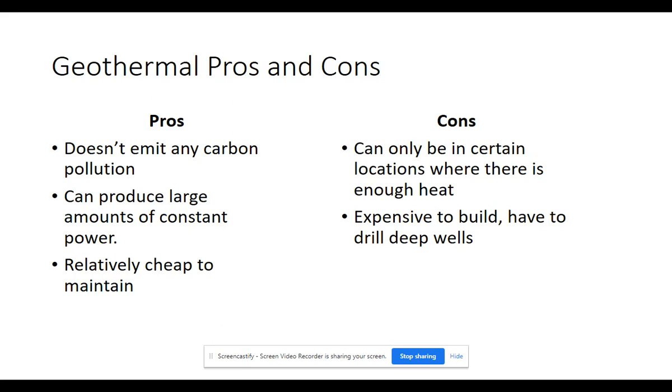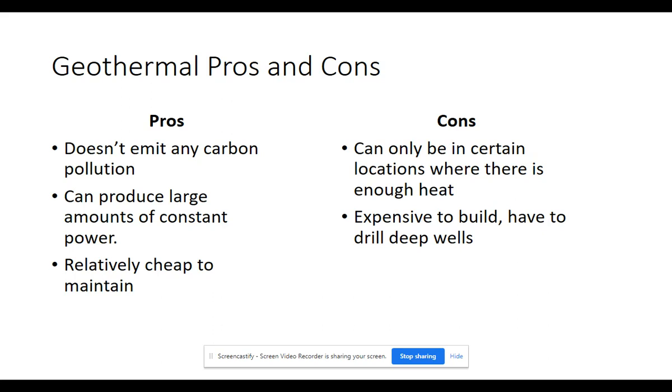The cons would be that there are only certain places where you can put them. You just can't put them in much of the United States, right? So it's not a good option for everywhere because you just can't put it in a lot of places. They're also expensive to build. You have to drill these really deep wells, and that's expensive.